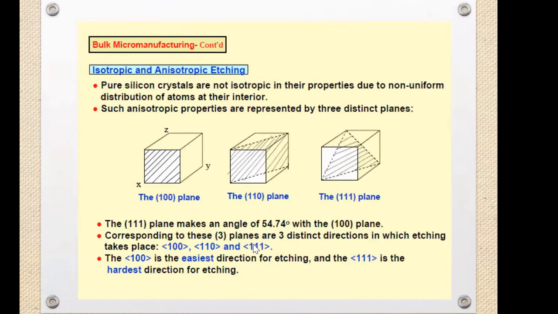So first we will see isotropic and anisotropic etching. Isotropic and anisotropic material, do you know what isotropic and anisotropic material is? What is isotropic material? Uniform in all directions.